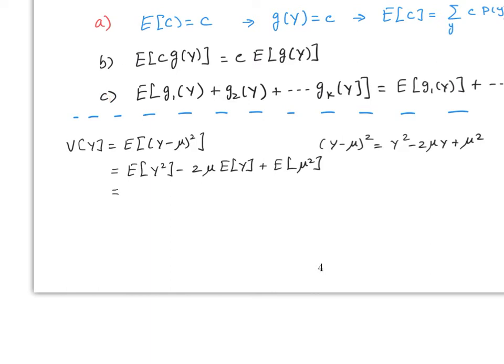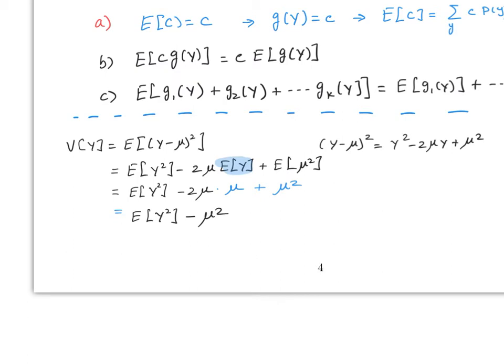So this is the same thing as the expected value of y squared minus 2 mu times the expected value of y. But remember that the expected value of y is also mu. And since the expected value of a constant is just the constant itself, this reduces to the expected value of y squared minus mu squared.